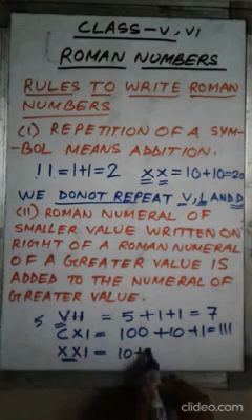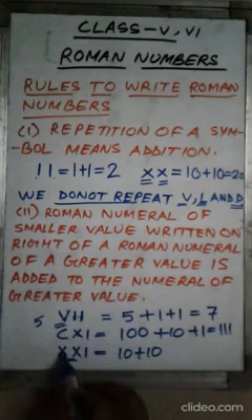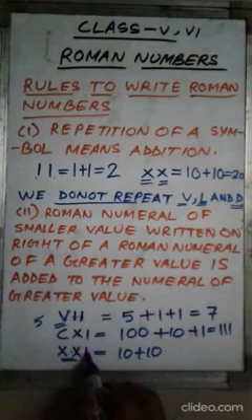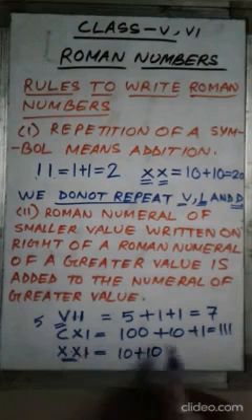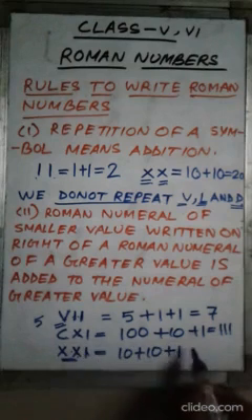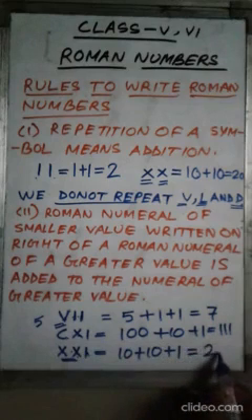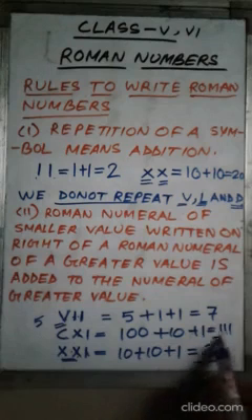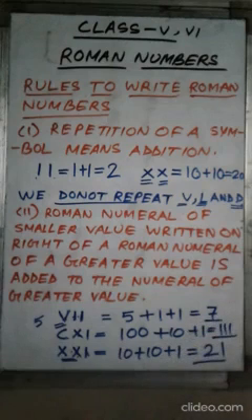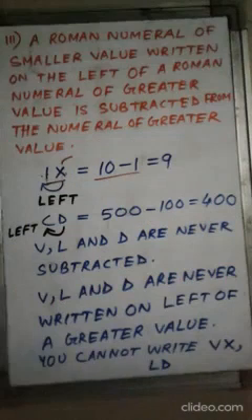Therefore, we have to add this plus this, and on the right side this is a smaller value, so we have to add this smaller value. So it will be equal to 21. In this way, you have to write the Roman numbers.